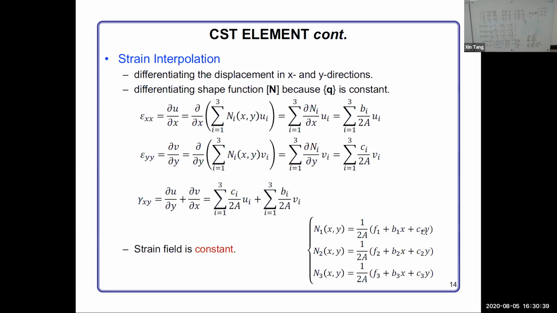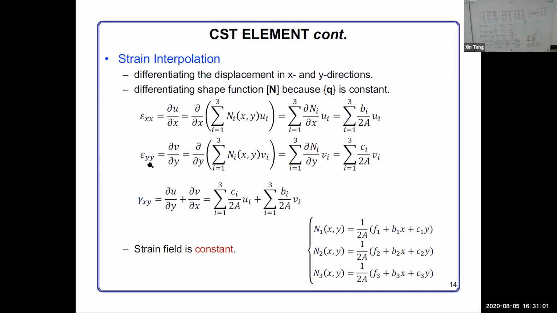Here the C1 Y and the C2 Y also disappear after differentiation. Partial N3, partial X equals B3 over 2A. That's why we can write them as Bi over 2A, and then times Ui, which is the constant.